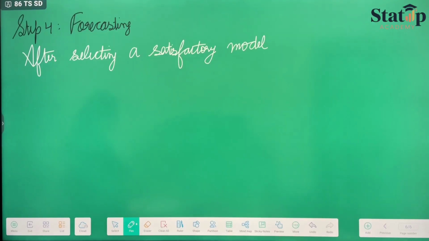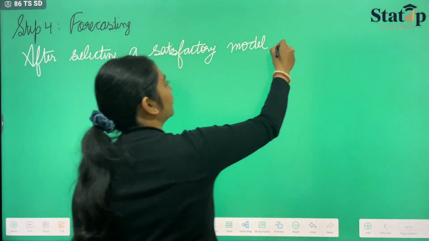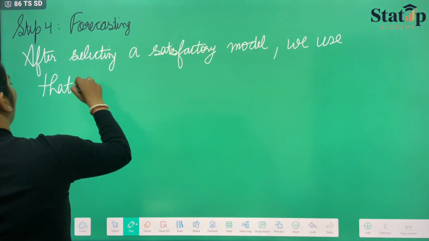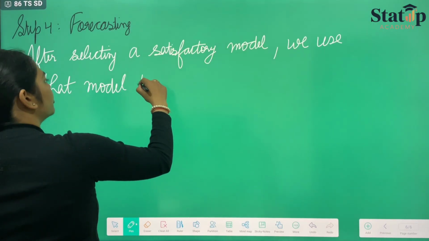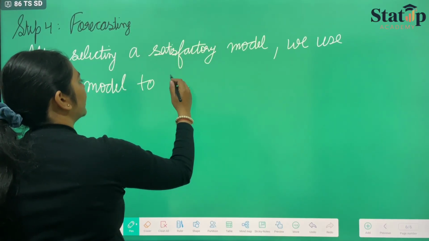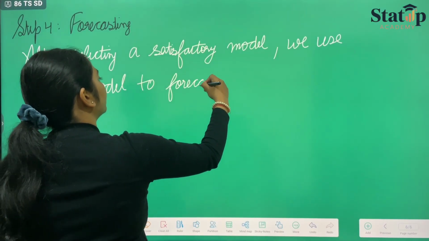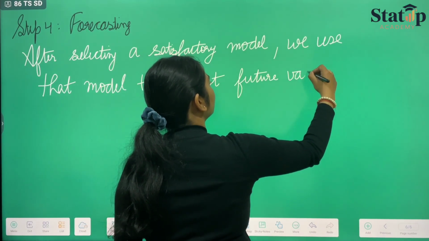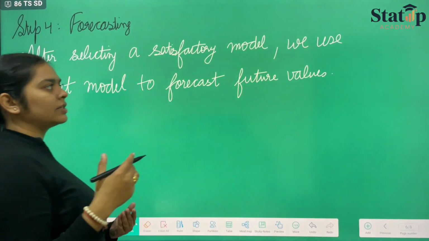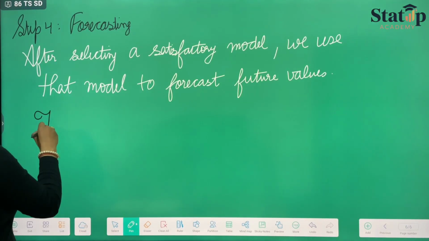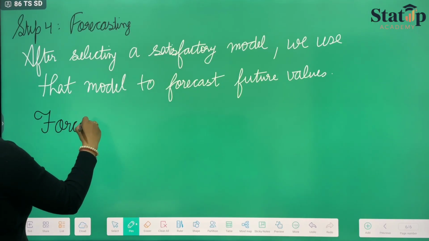After we select the satisfactory model, we use that model to forecast future values. And this satisfactory model, or the new model that we have selected, can also be known as the forecasted model.